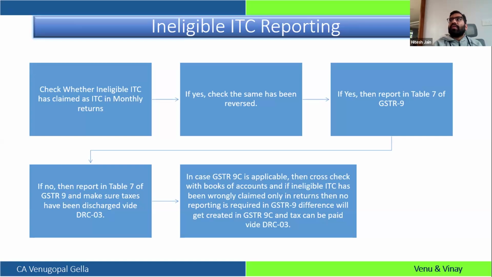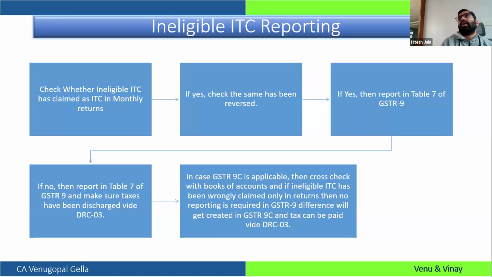If yes, then the second step as our check is whether the same has been reversed. If yes, then we need to report it straightforward in table 7 of GSTR 9. If no, then we can report it in table 7 of GSTR 9 and make sure taxes have been discharged by DRC 03.